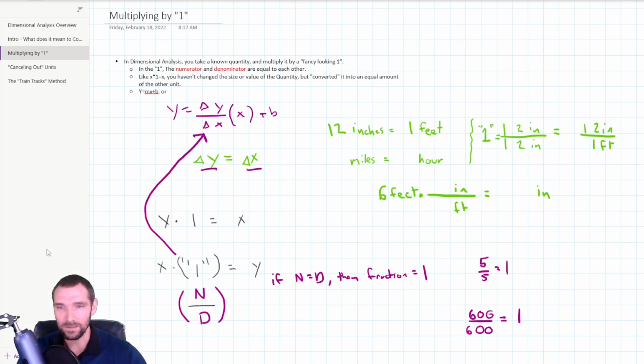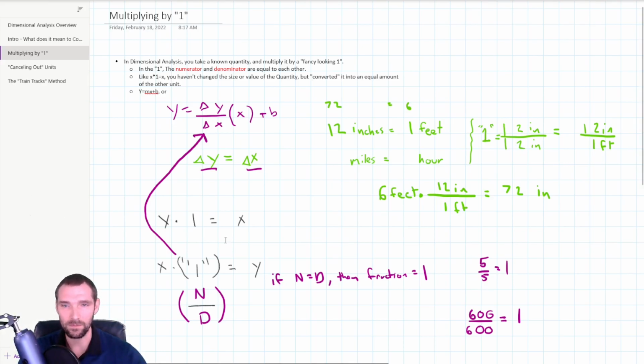And you end up having this fancy looking one. Remember, this whole thing is kind of like a value of 1. So 6 feet is equal to how many inches? So 6 times 12, 72. So we can say that 6 feet is equal to 72 inches, right?